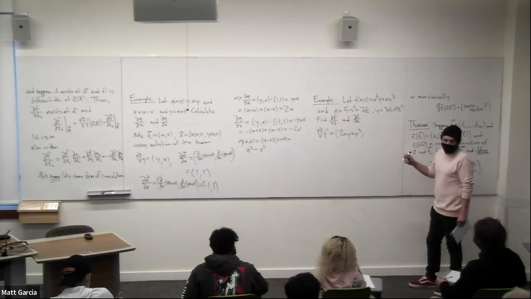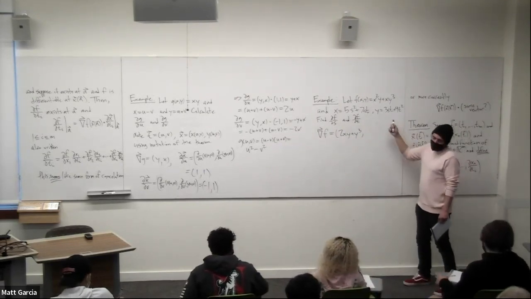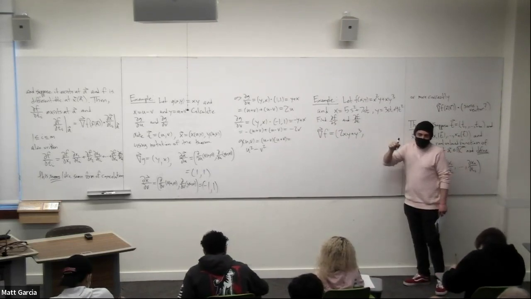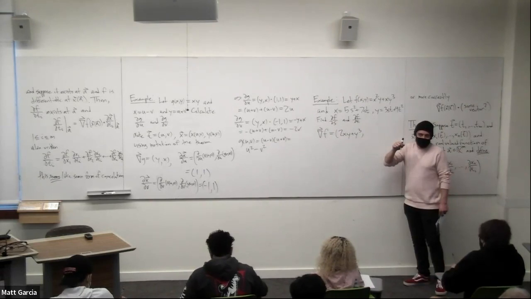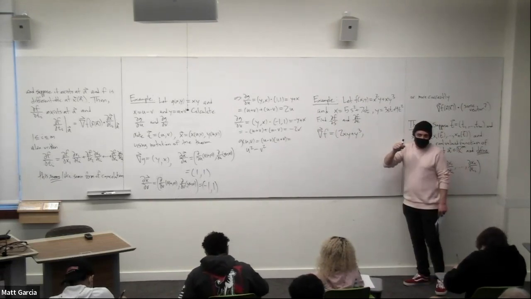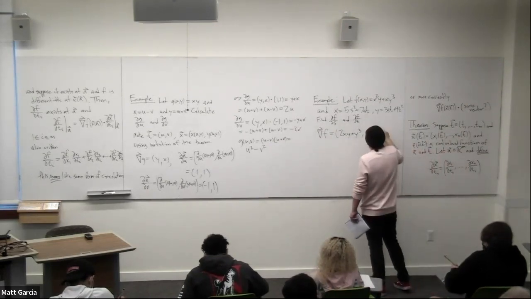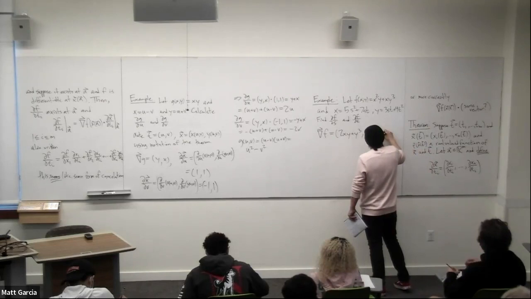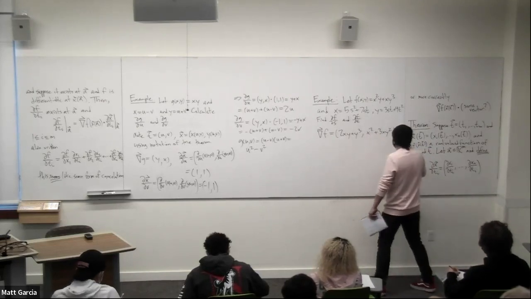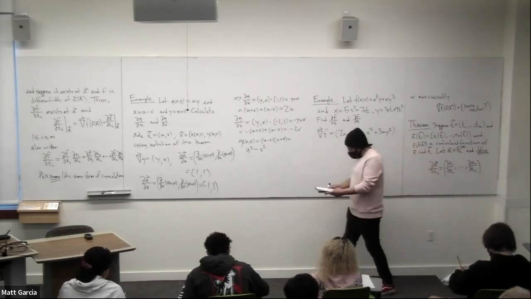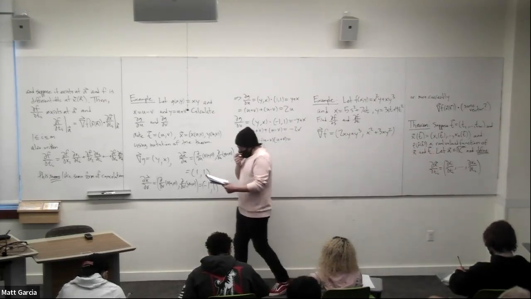And how about somebody else tell me the partial derivative with respect to y here? Plus 3xy squared. Good. All right. Now what should we do?